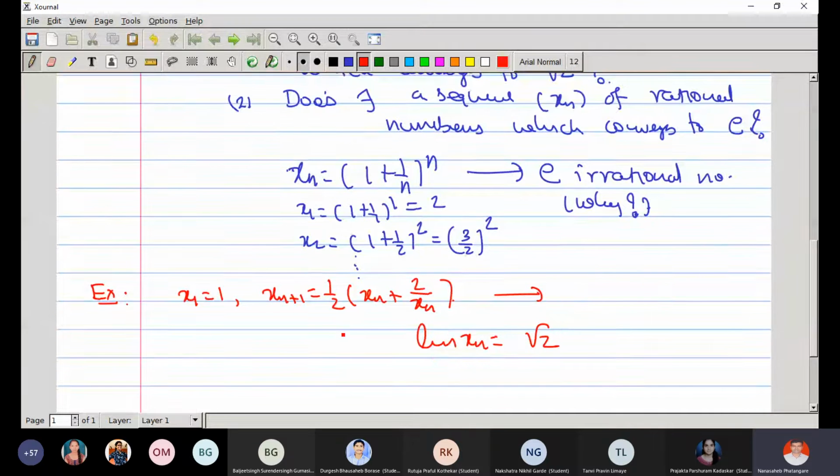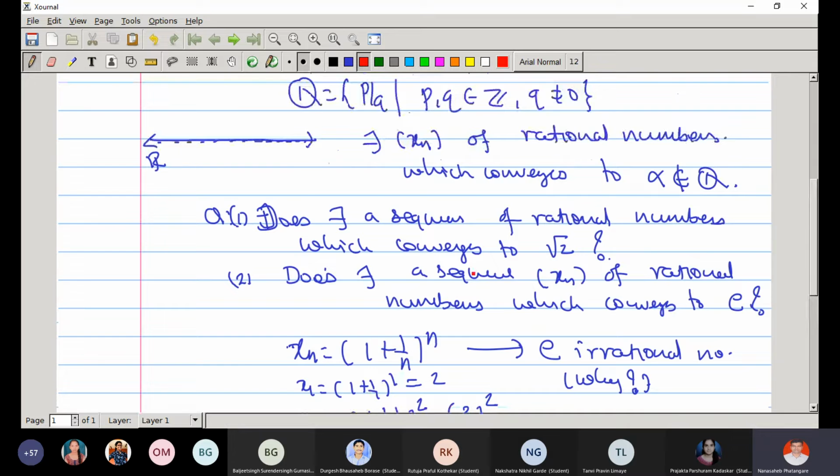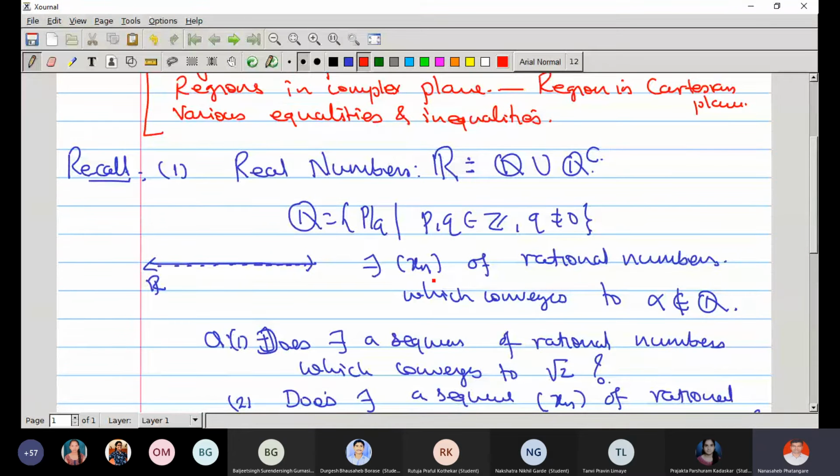So the point is that only rational numbers are not sufficient. People found that there are sequences of rational numbers which converge to a number which is not rational, and people decided that some numbers are missing from this line. These missing numbers they call irrational numbers, and then the line is completely filled.